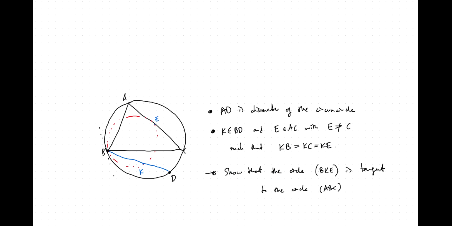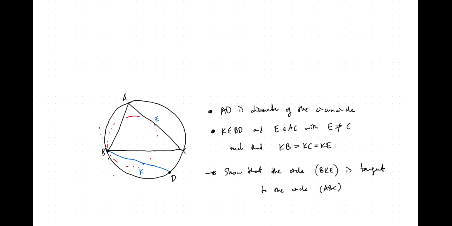So let me ask the question that I raised. Does this condition uniquely define the point K and the point E? Yes. So how do you know? How is K defined from this condition? And how is E defined?